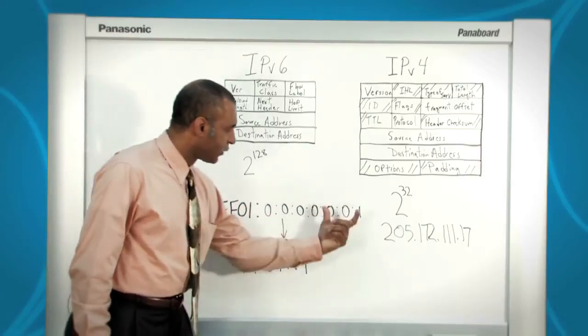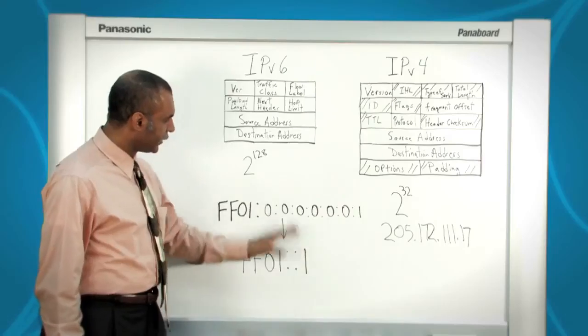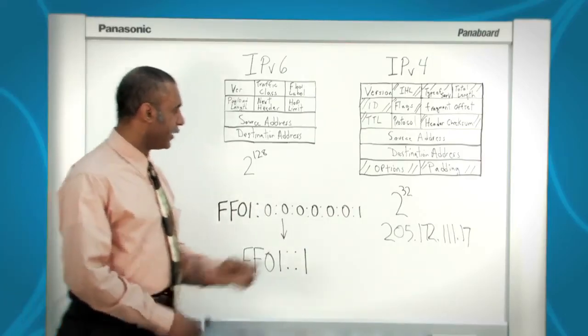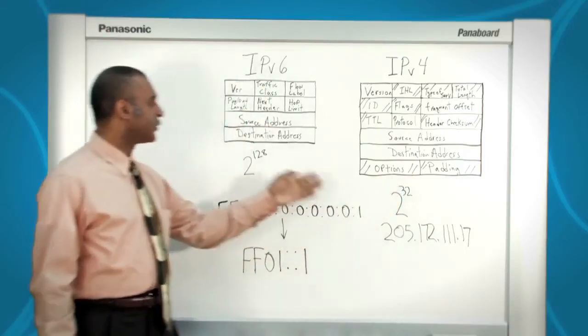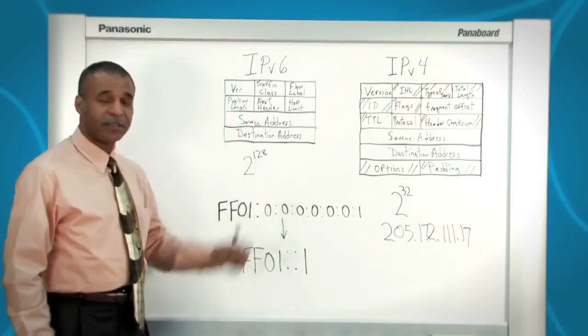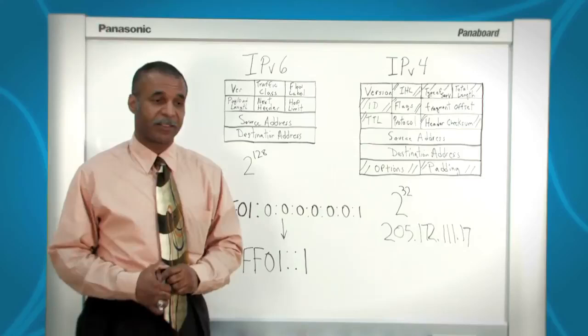All of these zeros can be replaced with the double colon. It makes it a little easier to make the transition and see the addresses. It is very important to make the transition as smoothly as possible for our students, because it is something that's going to be used quite a bit in the very near future.